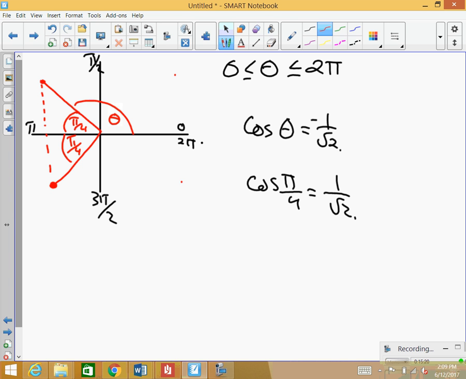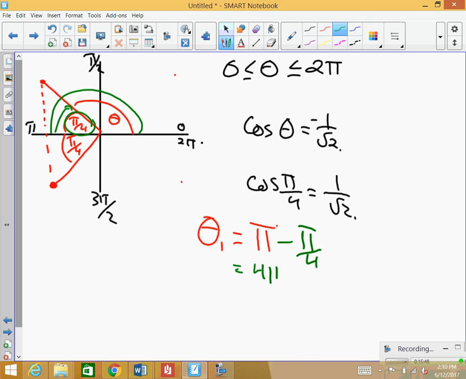Well, for the first theta, it's going to be pi, so one time around, going from here all the way to here, but then we're going to subtract pi over 4. So that's going to be equal to 4 pi over 4, because we need a common denominator, minus pi over 4, and that gives us 3 pi over 4.